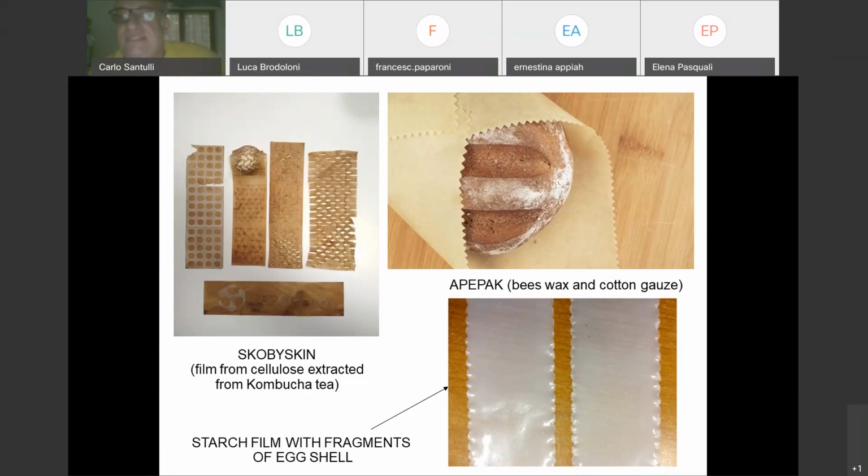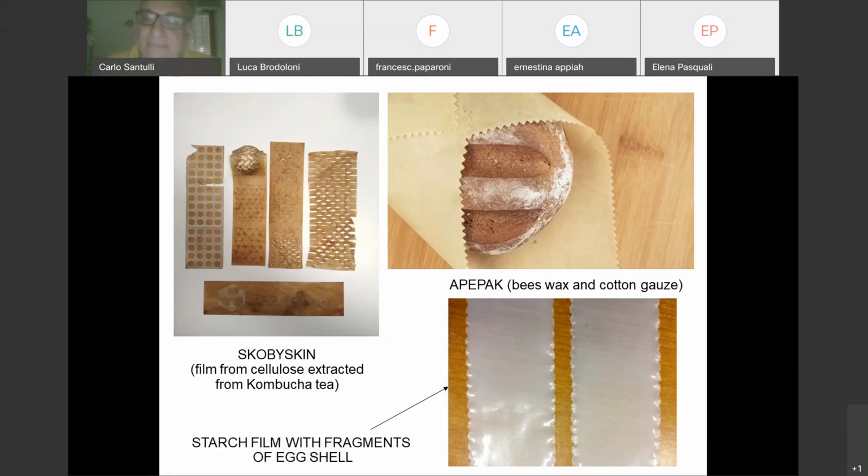Food packaging is investigated a lot in the development of material science. These are other examples of food packaging. This is a starch film, in the lowest part of the slide. Starch is a polysaccharide, a derivative of glucose again, but more gluey, less structural, I would say, at least to start with.